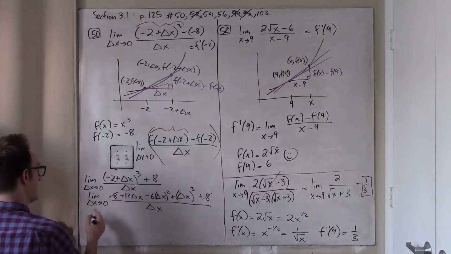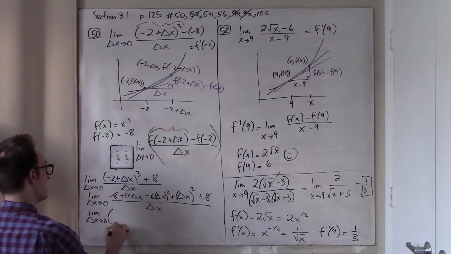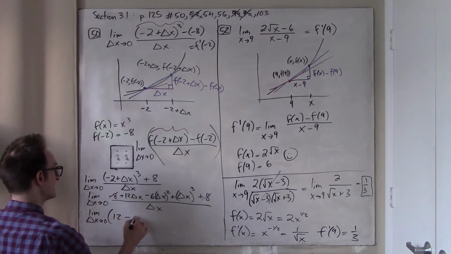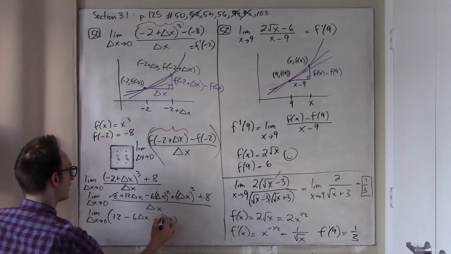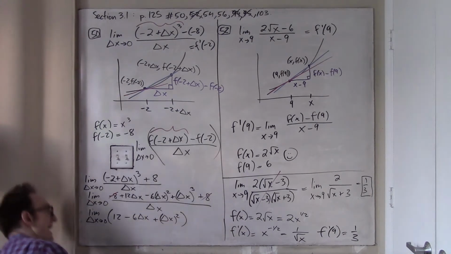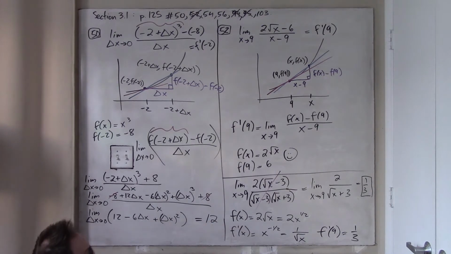Everything has a delta x in it, so I end up with the limit as delta x goes to 0 of 12 minus 6 delta x plus delta x quantity squared, and as delta x goes to 0, this is just 12. Hopefully I did that right.